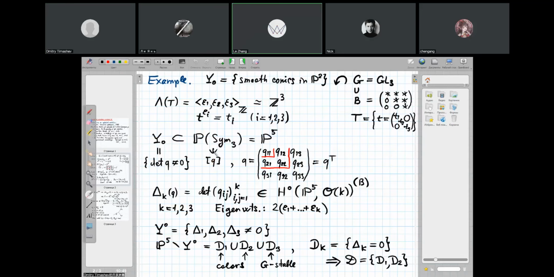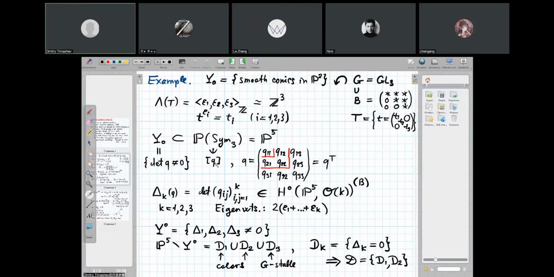The points of this space are symmetric matrices, and the closed orbit is given by symmetric matrices of rank 1, the smallest possible rank. But how do we know it is the only closed orbit? Because we know all orbits actually.